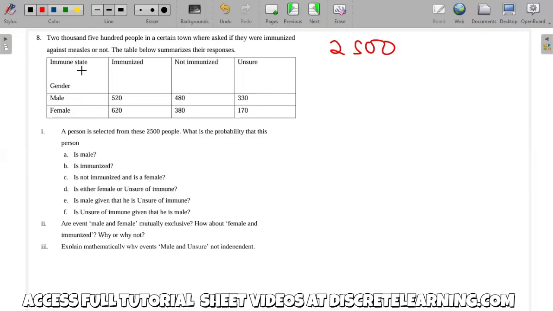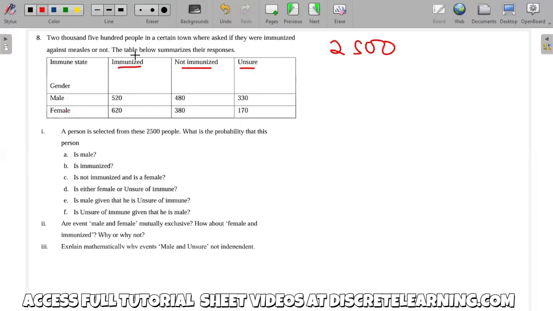This is the immune state, and on this side I have the gender. So gender going down, the immune state going to the right. It's either they're immunized, not immunized, or they're unsure. They don't know if they were actually immunized.